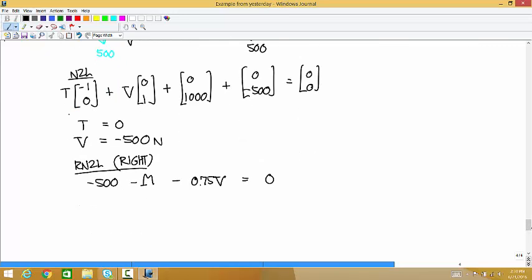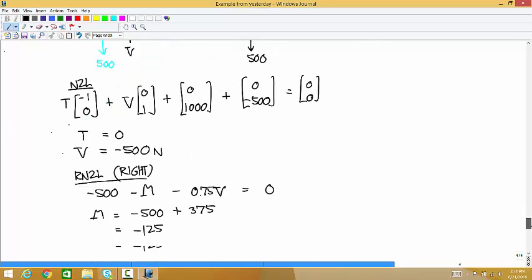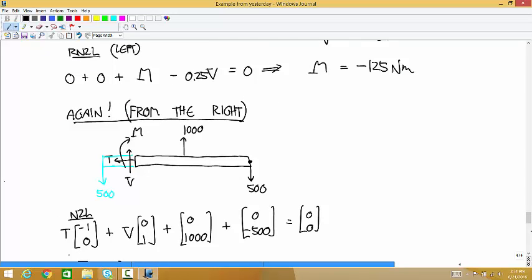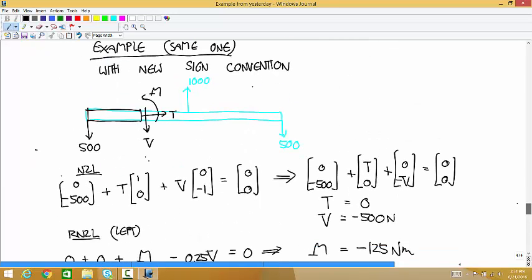Okay, so if we plug these values in, we get m is equal to negative 500 plus 375, which is negative 125. Is that what we got before? Good. We got positive before? No, we had negative. Just when we did it from the left with the new sign convention, we got negative.